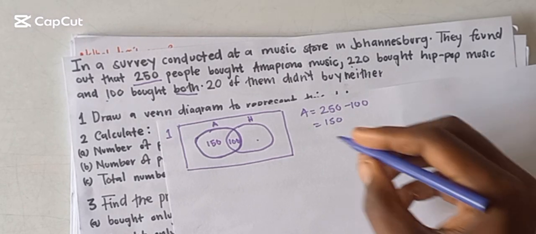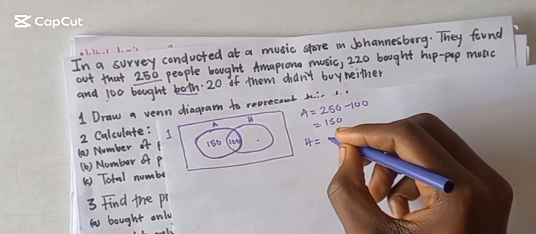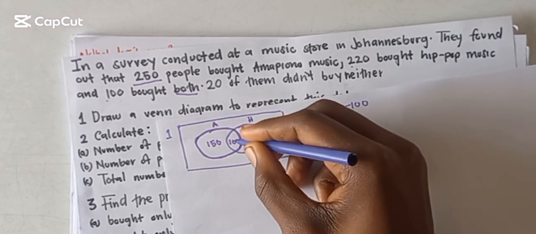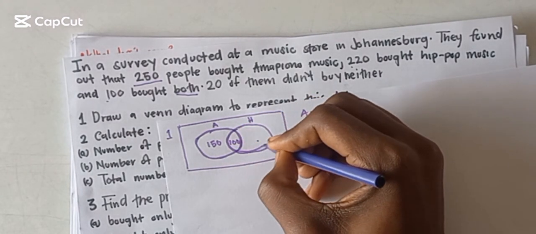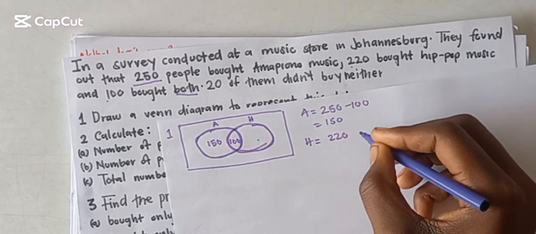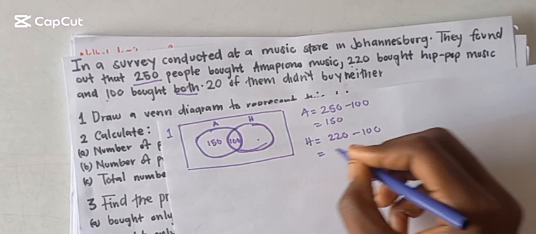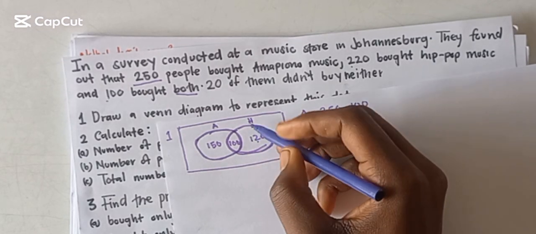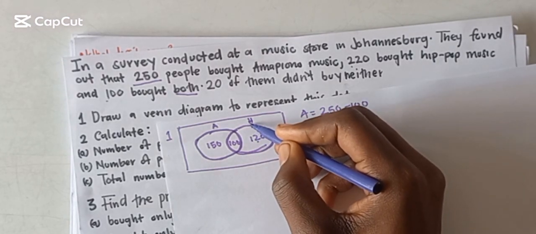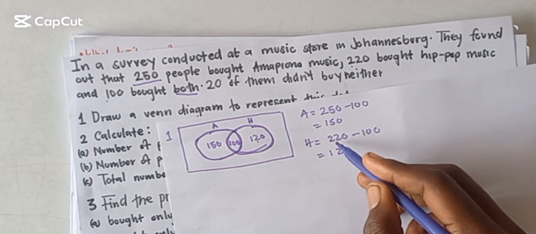So what are we going to do? For hip hop, we say 220 minus 100, because there are already 100 people in this circle. So if we separate 100, we're left with 120. So this is 120. If we count the amapiano and hip hop only here, we're going to find that there's 220.